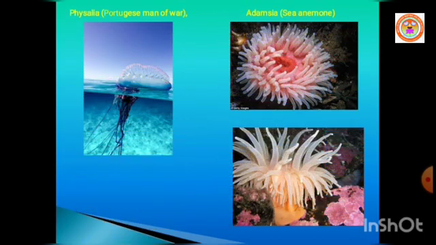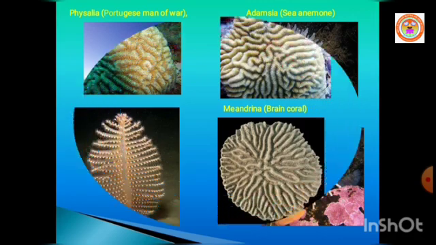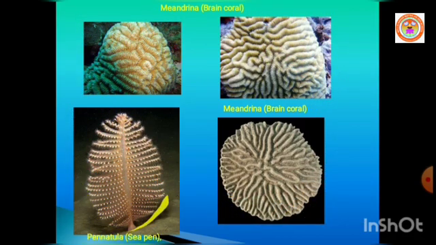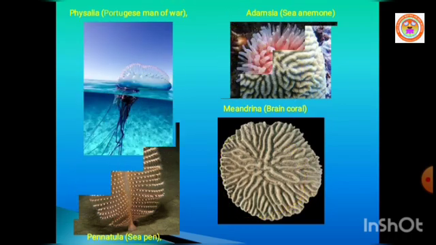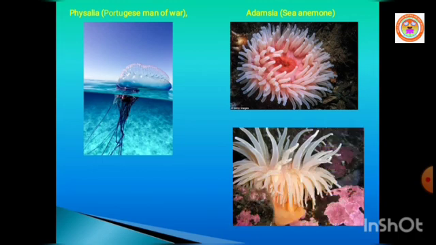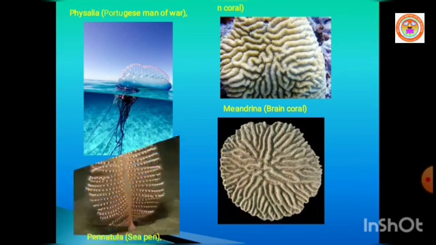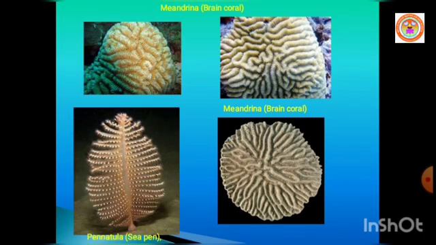And you are seeing the sea anemone, Adamsia, and Pennatula. Here it is Pennatula, and brain coral, which you can see. These are very good examples for phylum Cnidaria. Dear students, you are very much excited about the phylum Cnidaria.